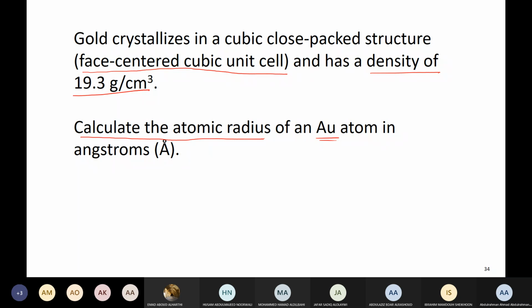Yes, we can. How? We use the equation for face-centered cubic. What's the information that we have? r equals square root of 3 over 2.